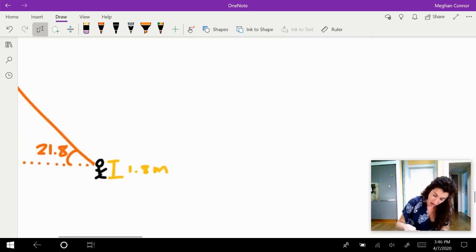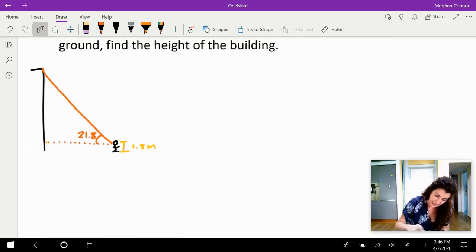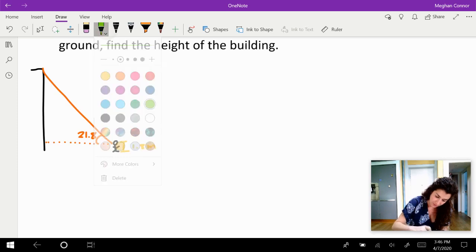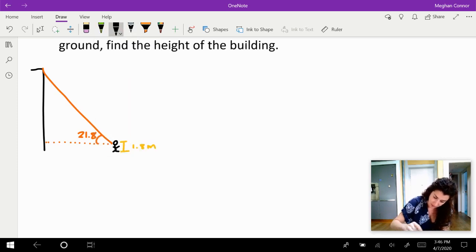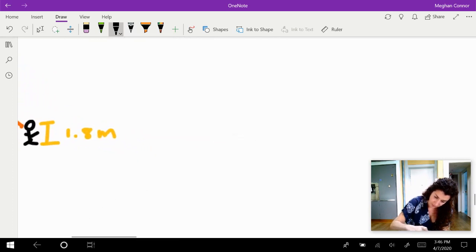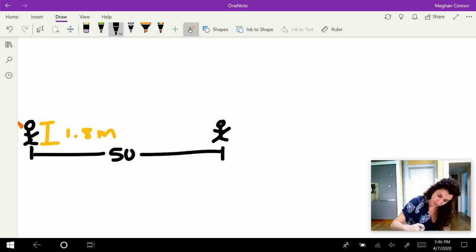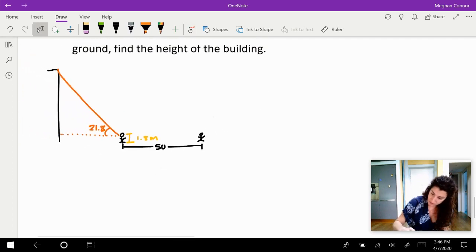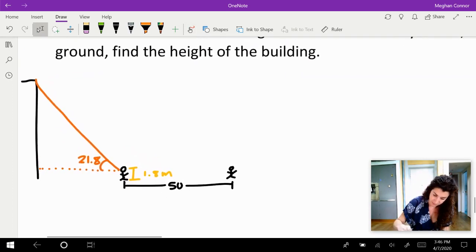So he walks 50 meters away and has a second angle of elevation of 11.3.